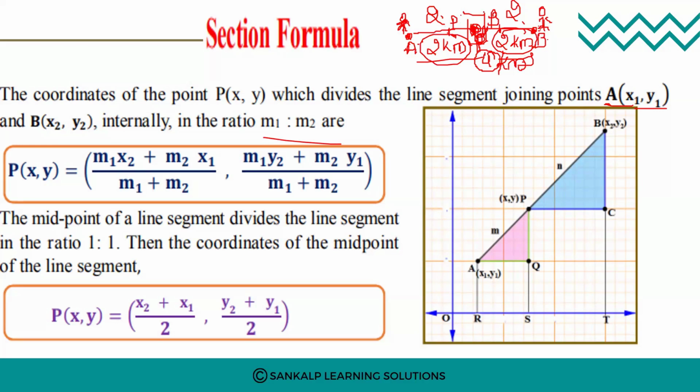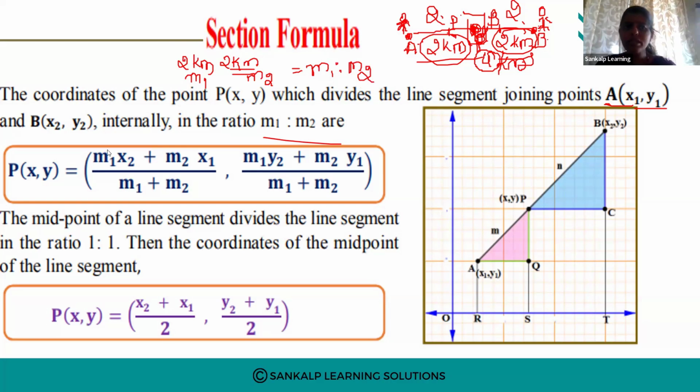So what do we call this ratio? Total distance is 4 kilometers. It is 2 kilometers and 2 kilometers. So I will call this 2 kilometers m1 and the other 2 kilometers m2, right? So I am going to write this as m1 is to m2.